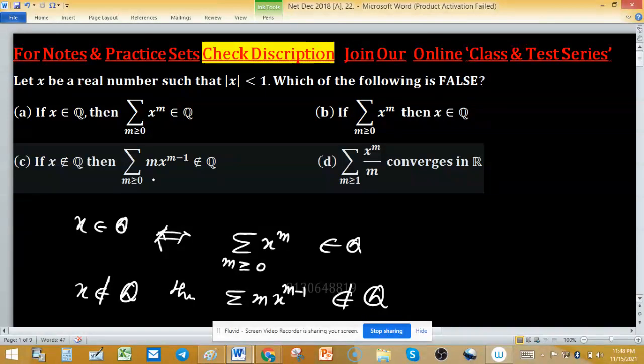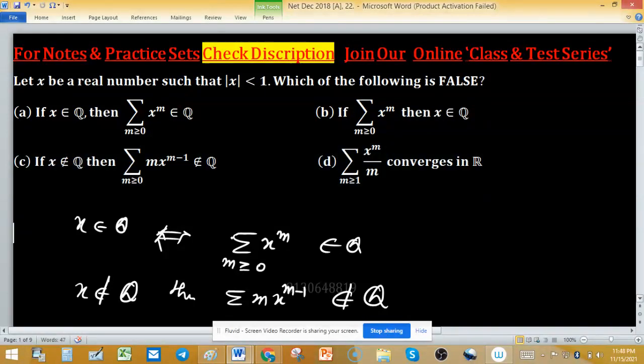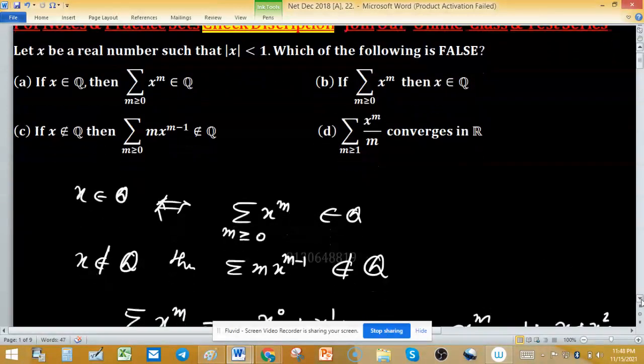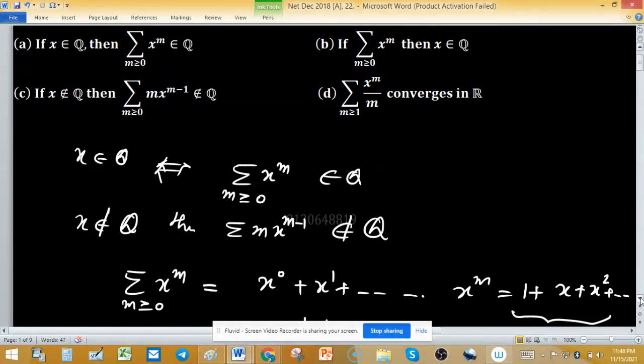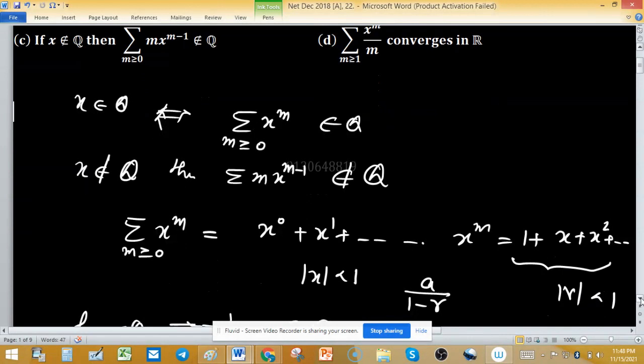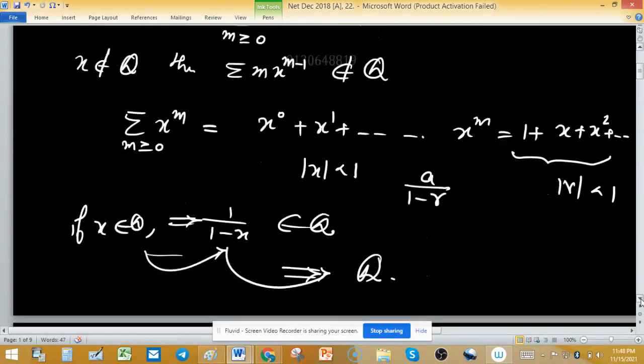First we are solving option D because it seems easy, as we have to check convergence of the series. The series is summation x raised to the power m upon m, where m is greater than or equal to 1. So you can write a_m as x raised to the power m upon m.